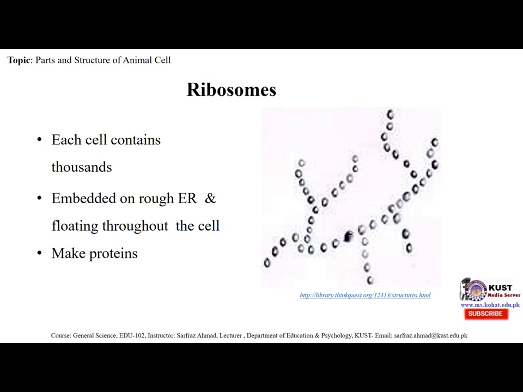Ribosomes consist of two major components, the small and large ribosomal subunits, and each subunit consists of one or more ribosomal RNA molecules and many ribosomal proteins. The ribosomes and associated molecules are also known as the translational apparatus.